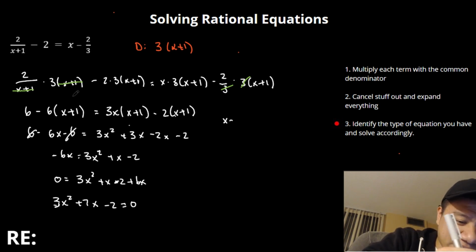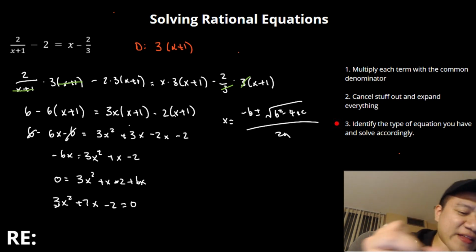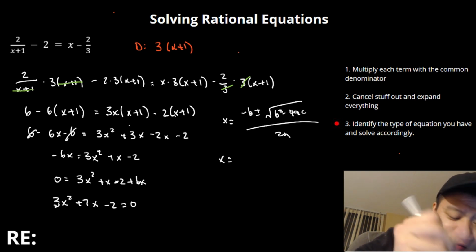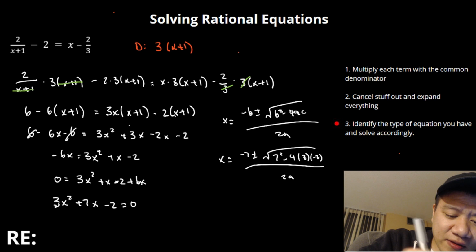Okay, so x equals negative b plus minus... Okay, that's an a. Okay, we plug our stuff in. Negative 7 plus minus the square root of 7 squared minus 4 times 3 times negative 2, all over 2a.